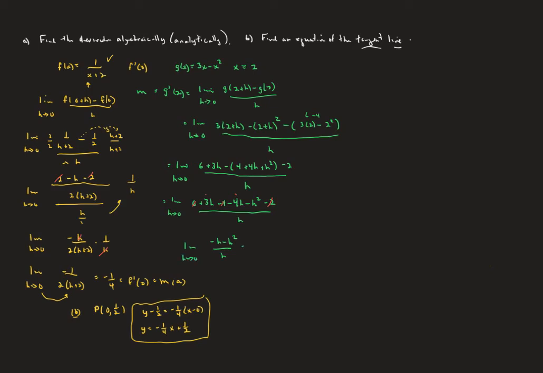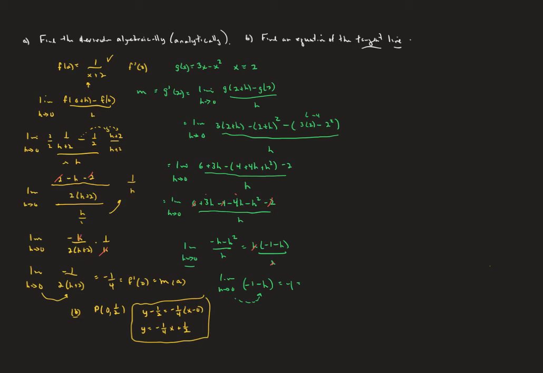So we can factor an h out, getting us -1 minus h all over h, still taking that limit as h goes to 0. Once the h's cancel, we now can say the limit as h goes to 0 of -1 minus h. We can direct substitute in the 0 for h, and that's going to be -1.